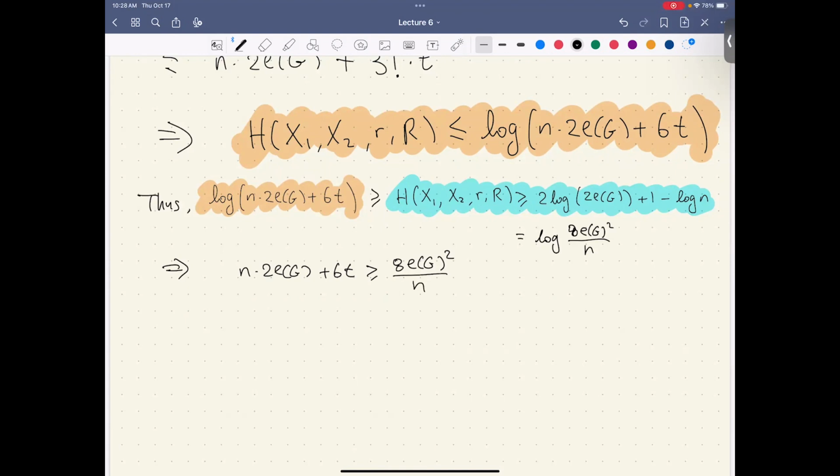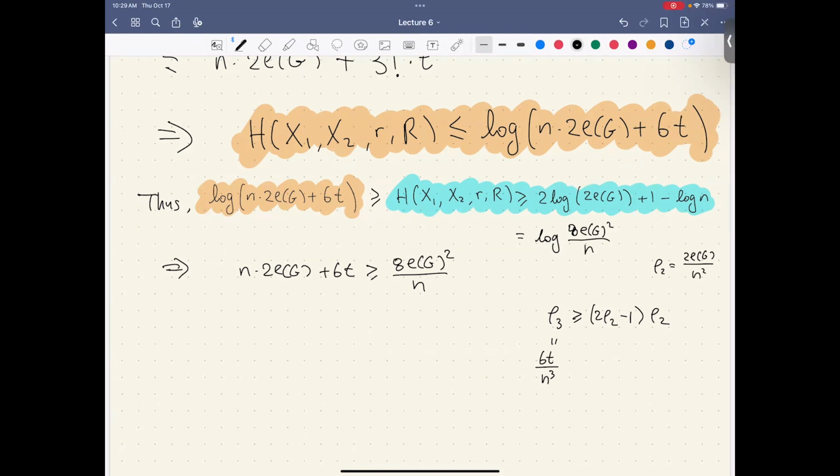And what's our goal? Rho 3 is at least 2 rho 2 minus 1 times rho 2. Recall, rho 3 is the number of triangles times 3 factorial over n cubed. And this rho 2 is 2e of g over n squared. Probably right.